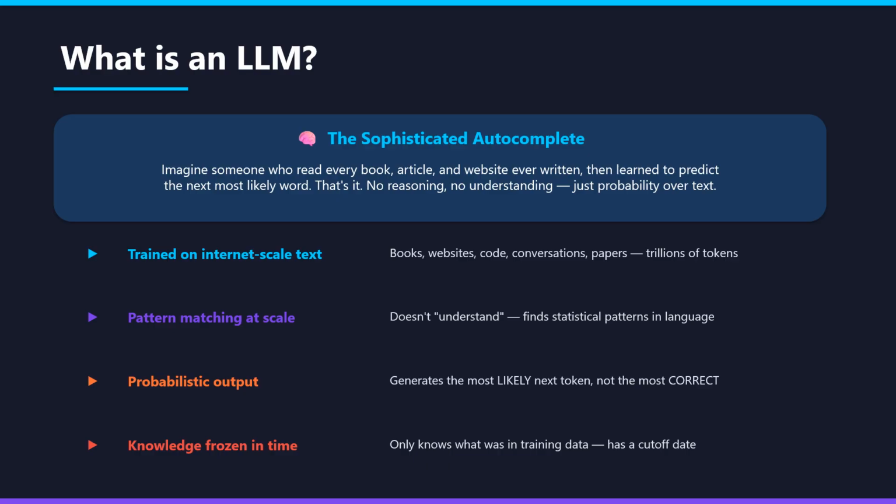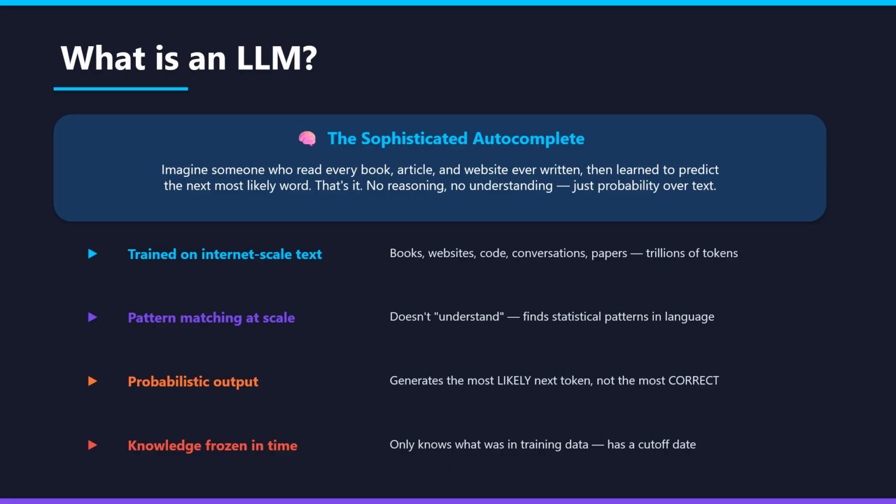So a language model is a software system that has read most of the internet and learned patterns in human language. Okay, so when you give it a text, it predicts the most likely next word, technically the next token, given everything that came before it.